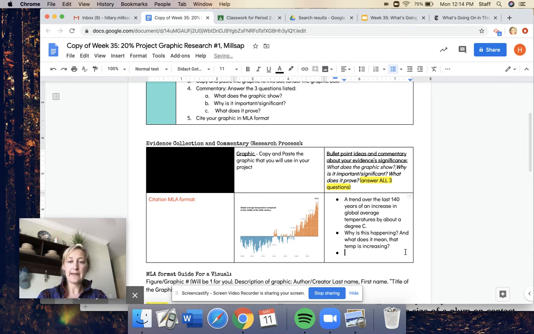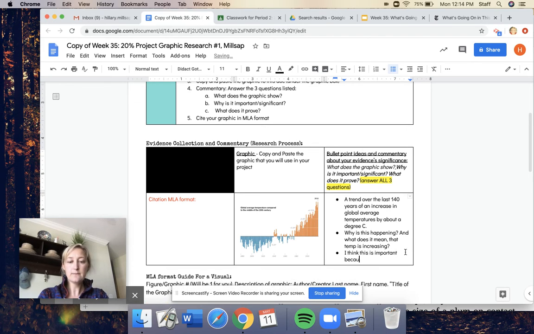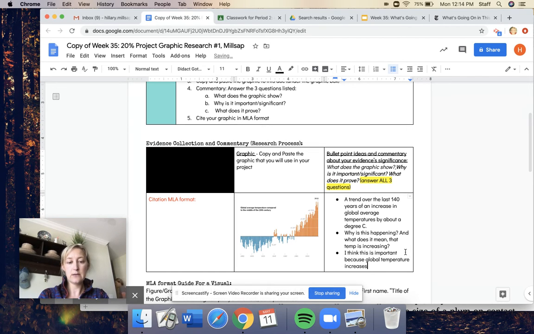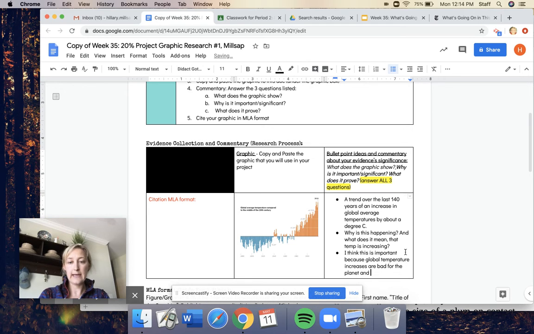So I'm going to add here, I think this is important because global temperature increases are bad for the planet and ecosystem. And then I might need to reference where I know that or how I know it.